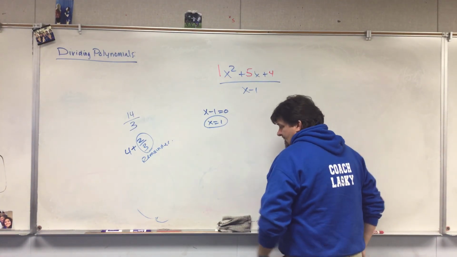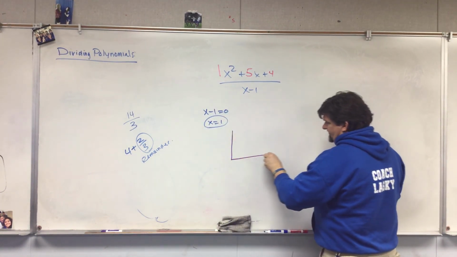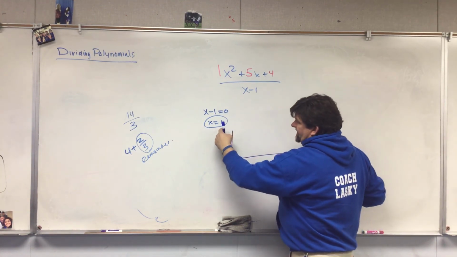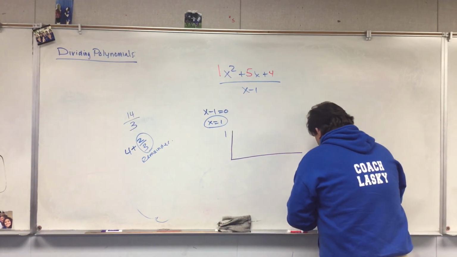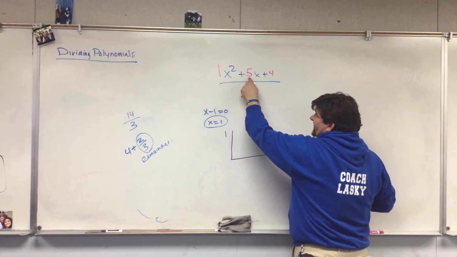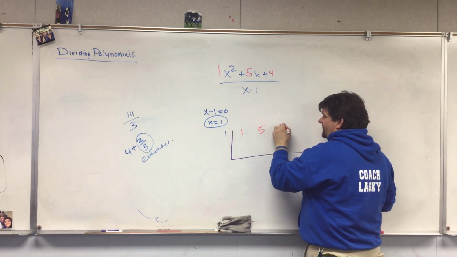Then I am going to do an upside down division sign like this. I'm going to take this x and put 1 right there. Then I'm going to take the coefficients, 1, 5, and 4, and put them inside the box.